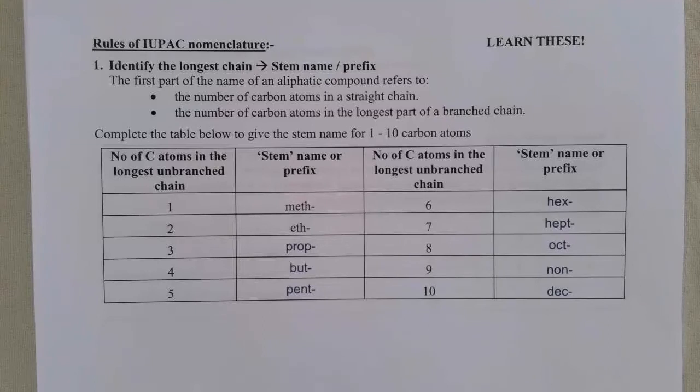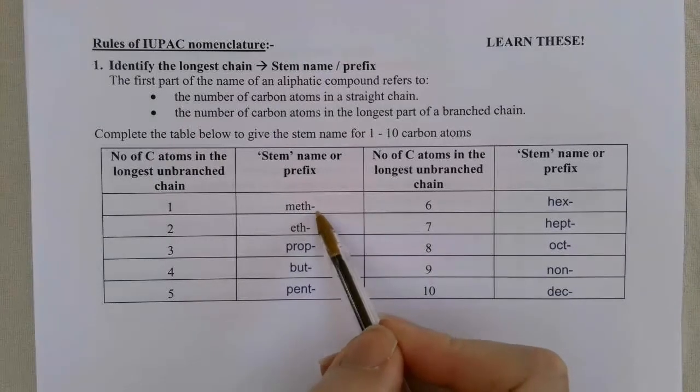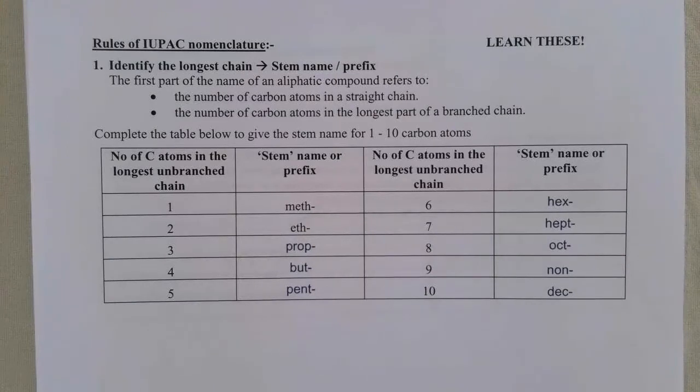So, in terms of rules for naming things, the first thing you need to do is identify the longest chain of carbons, and that's going to give you the prefix of the name of the molecule. So meth tells me I've got one carbon in my chain. Oct tells me I have 8 carbons in my longest chain, and you do need to learn these.